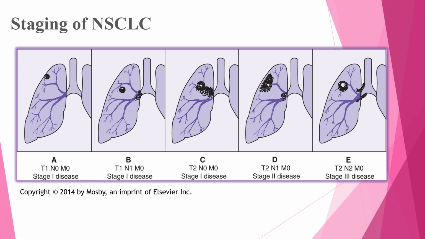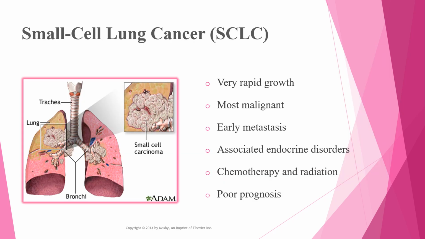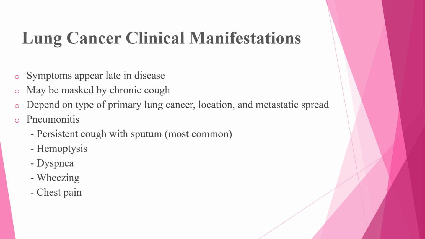The earlier the stage, the better the opportunity to go in and take the cancer out and they be cancer free. Typically, by the time we get over to the fourth or fifth stage, it has metastasized at least out of the lung, if not into other areas of the body, including the bone and lymphatic system. Again, you don't need to know the differences between small cell and non-small cell.